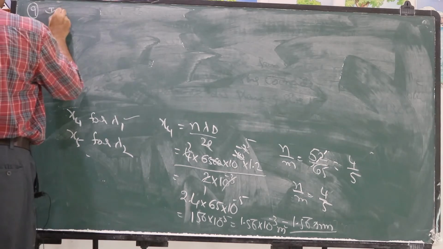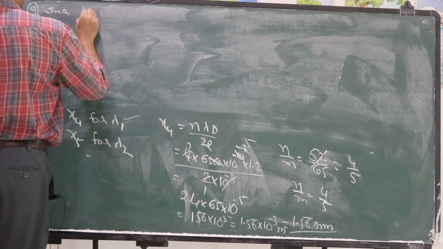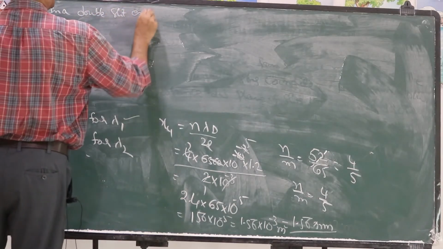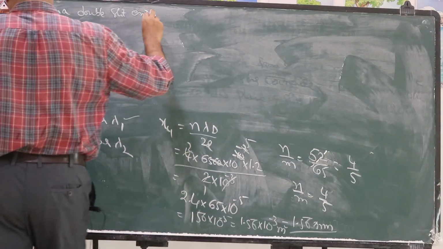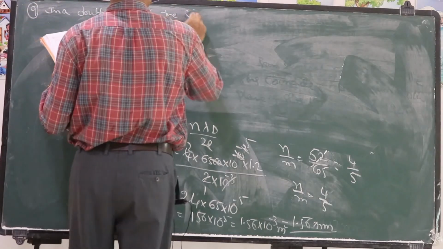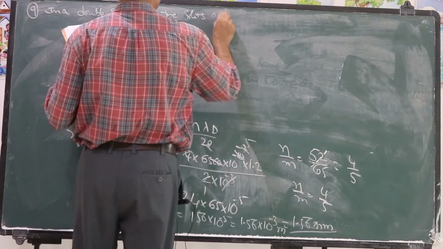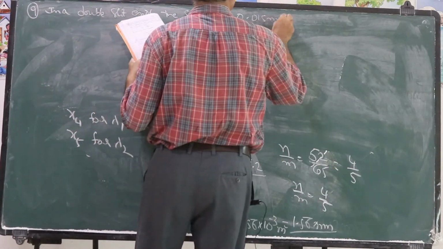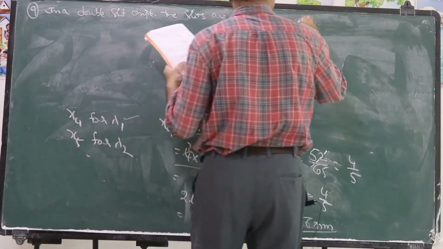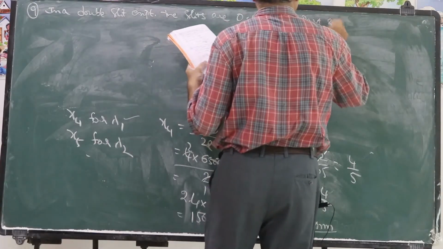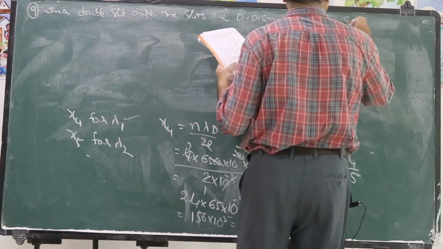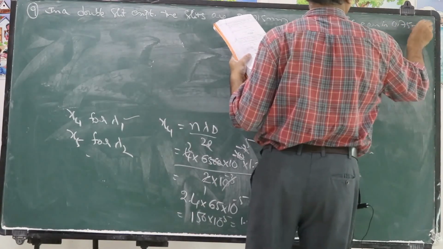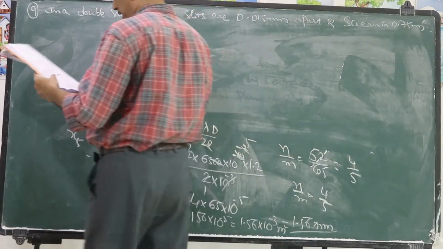In a double slit experiment, the slits are 0.015 millimeter apart and the screen is 0.75 meter away.